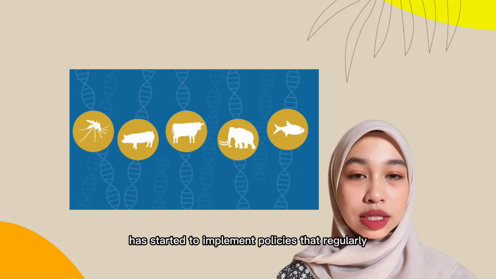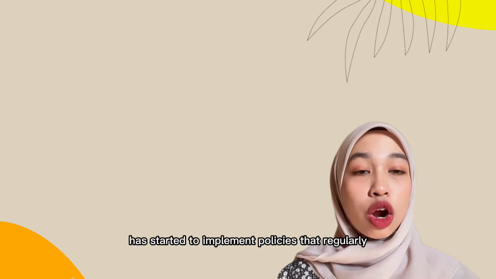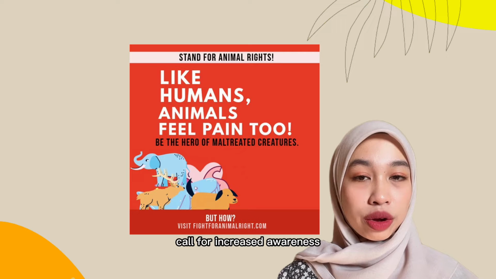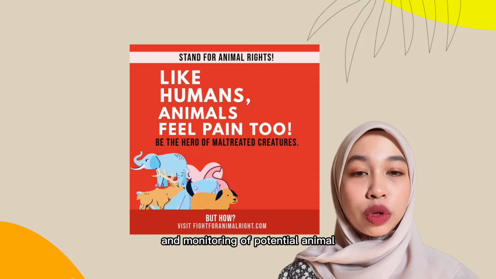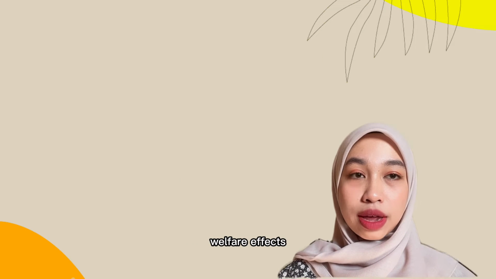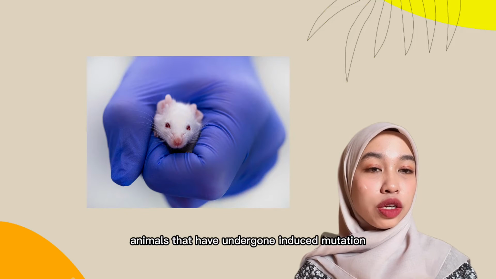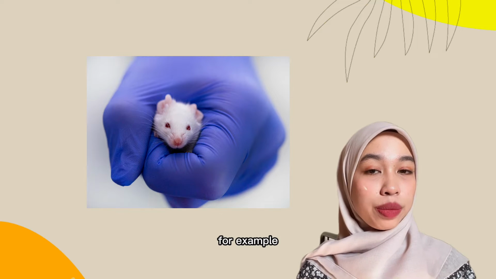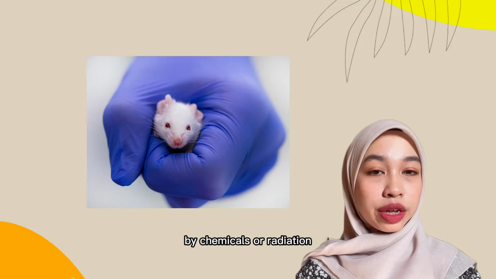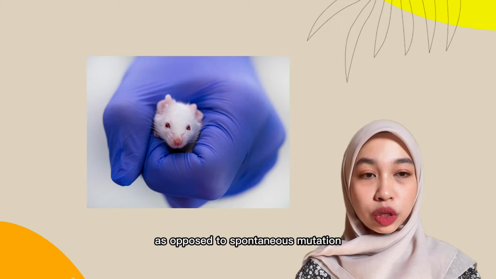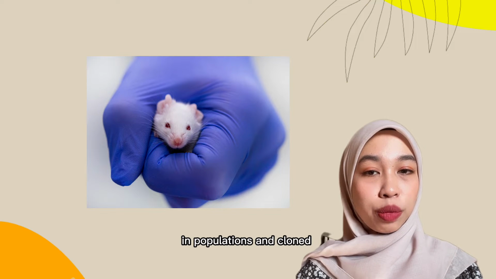Regulatory organizations have started to implement policies that call for increased awareness and monitoring of potential animal welfare effects. Animals that have undergone induced mutation, for example by chemicals or radiation, as opposed to spontaneous mutation that occurs naturally in populations.